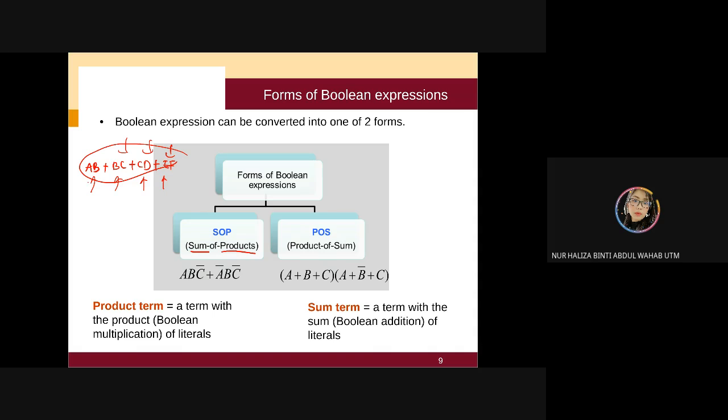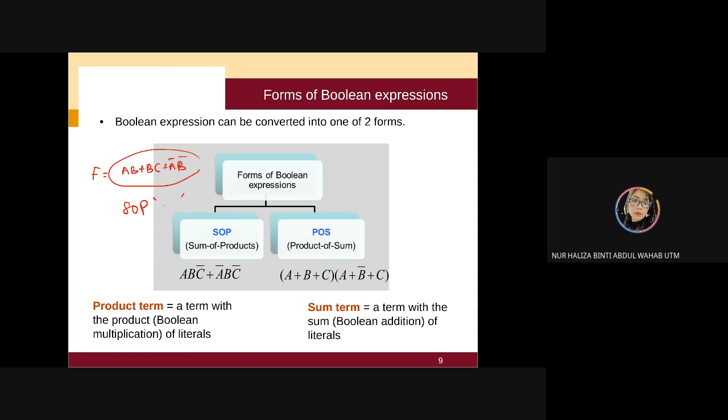You multiply, multiply, multiply, but all these products you sum. This is how your SOP looks like. In a Boolean expression, you have F equals AB plus BC plus A bar B bar. So this is a SOP.